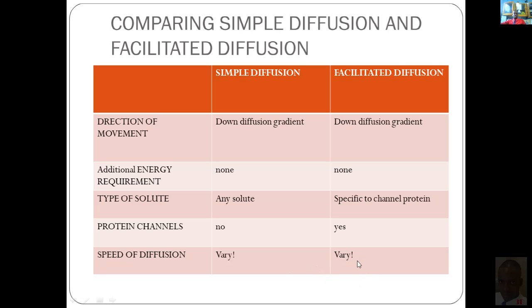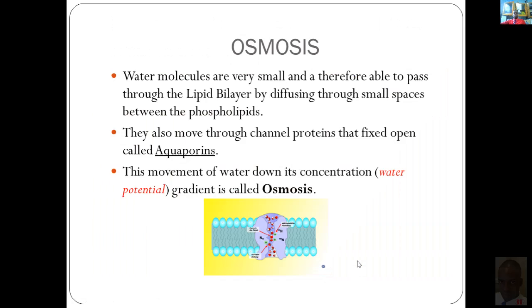So finding a channel might slow down the process, but it can speed it up as well, depending on the specific molecule. That's why I put vary for both of them, because once the conditions are right, either can go fast. Alright, now let's move on to osmosis.